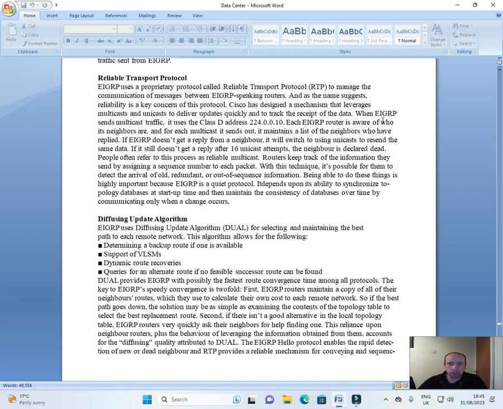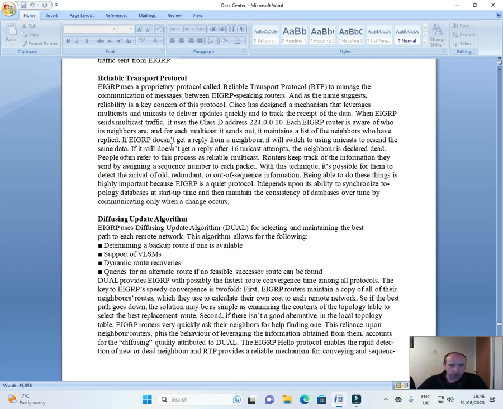When EIGRP sends multicast traffic, it uses the Class D address 224.0.0.10. Each EIGRP router is aware of who its neighbours are, and for each multicast it sends out, it maintains a list of the neighbours who have replied.